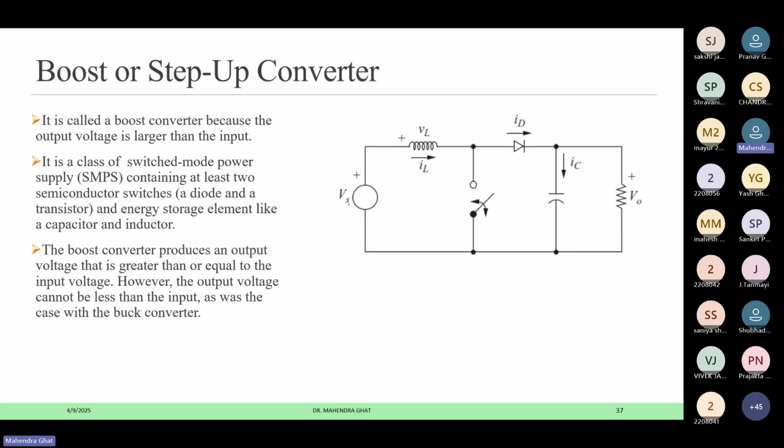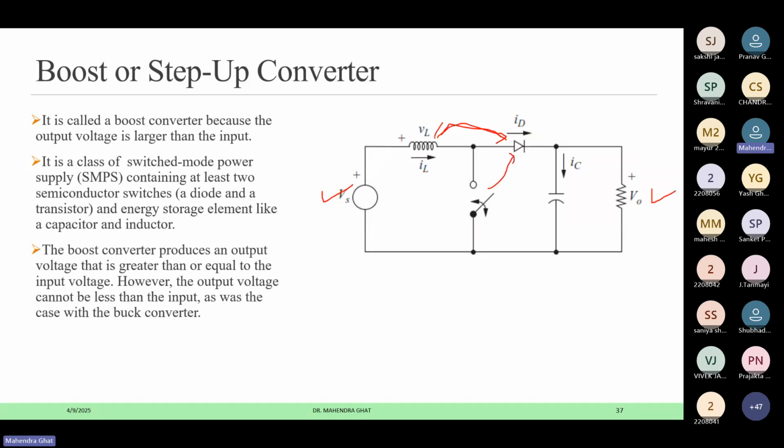Now from an arrangement point of view, you can see this is the boost converter. Here the voltage source and the output voltage are there. The only change is that the inductor, which was previously here for the buck converter, has now shifted to this position.